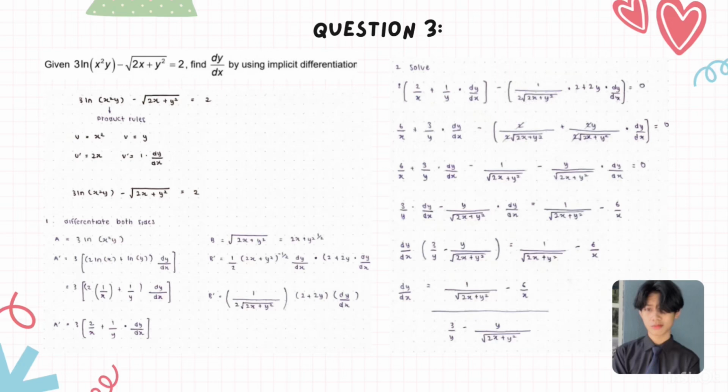And then we get the final answer: dy over dx equals 1 over square root of 2x plus y squared minus 6 over x, over in brackets 3 over y minus y over square root of 2x plus y squared. So, this final expression gives the value of dy over dx in terms of both x and y using implicit differentiation.